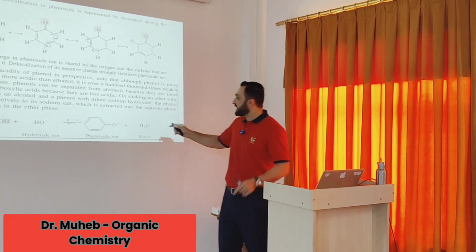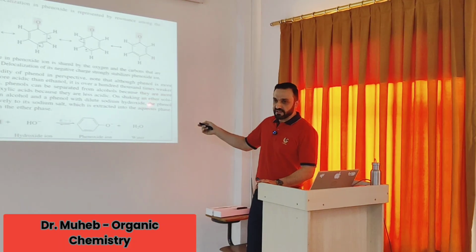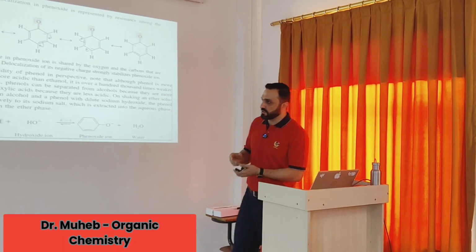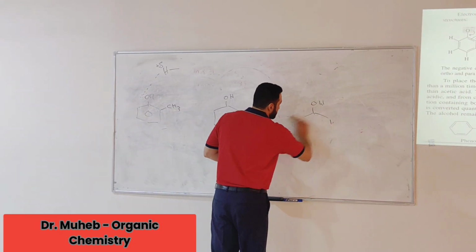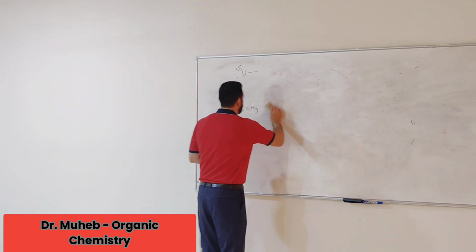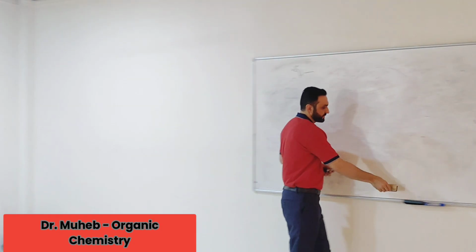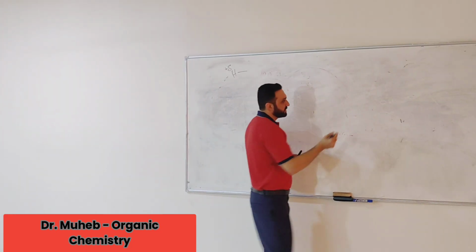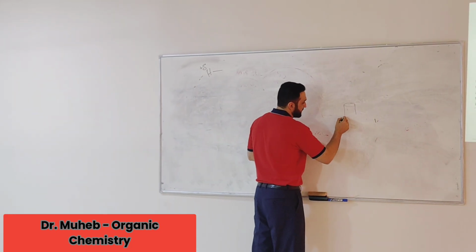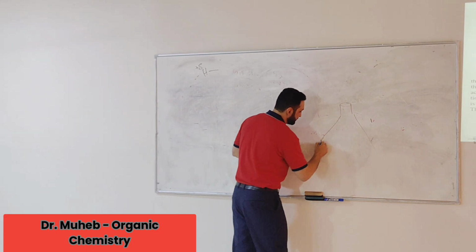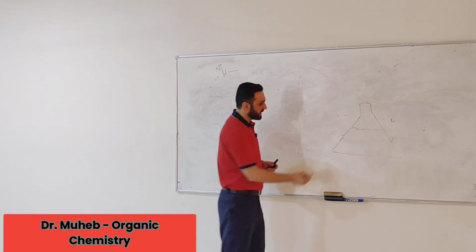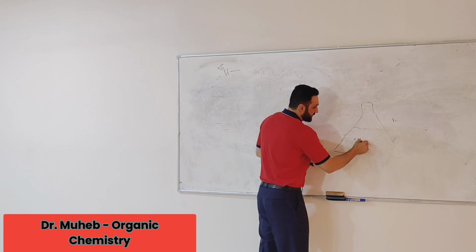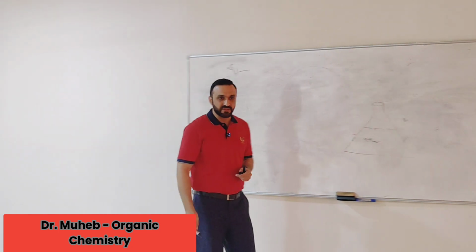Okay. On shaking an ether solution, you can apply this in your lab. If you have a conical flask, and this conical flask has an ether solution, okay, ether solvent.